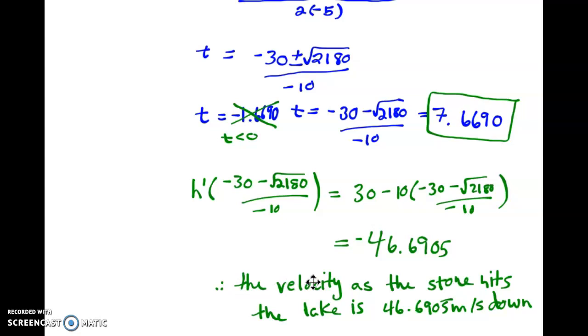So for all word problems, we're going to write a therefore statement. So therefore, the velocity as the stone hits the lake is 46.6905 meters per second. And then because it's negative, that really means that the direction is down.